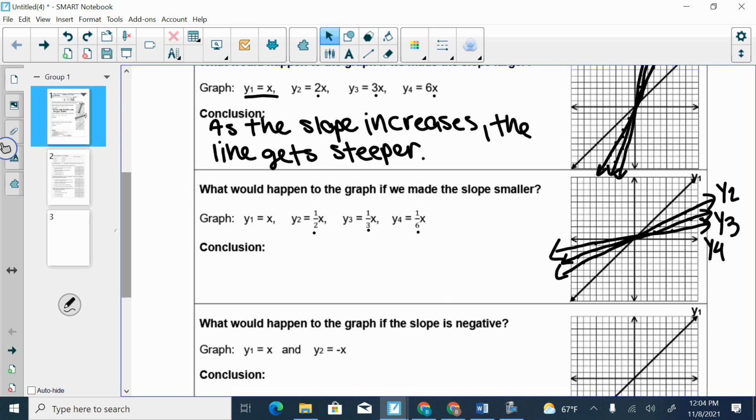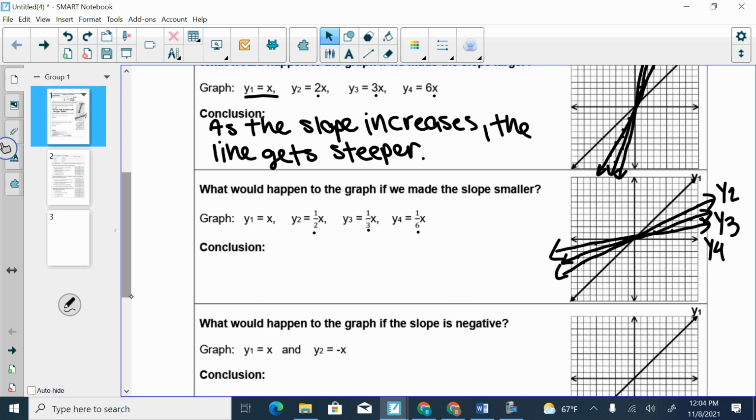Okay, so this was the first one that they graphed for us that had a slope of 1. Y2 had a slope of 1/2, Y3 had a slope of 1/3, and Y4 had a slope of 1/6. So what happened to our graph this time? Less steep or flatter, right?